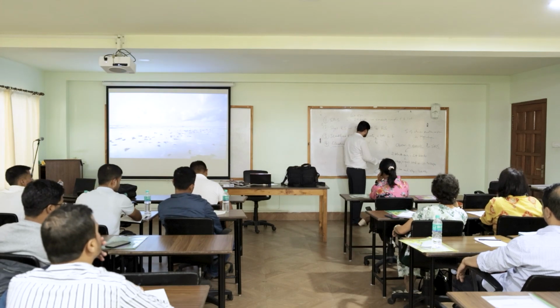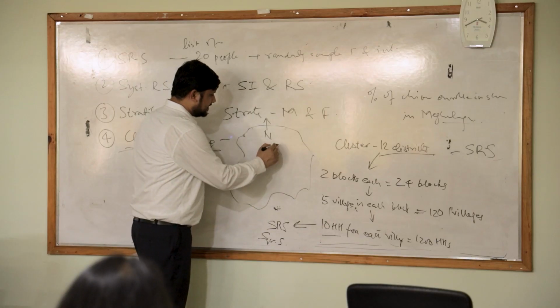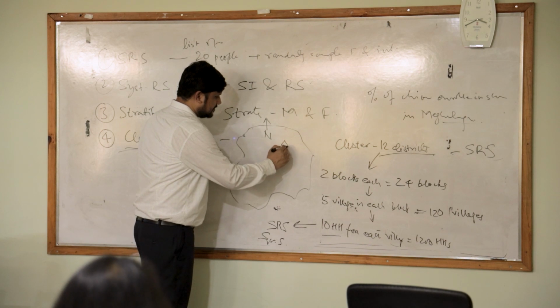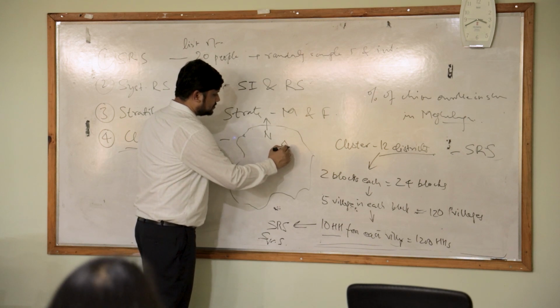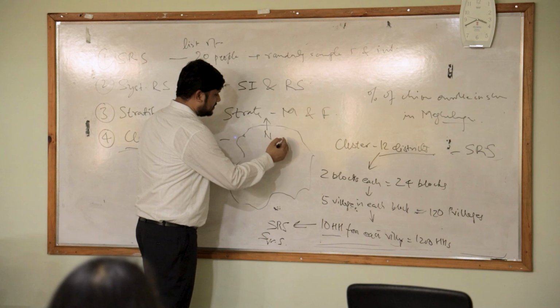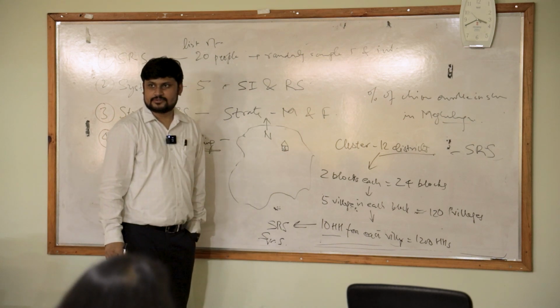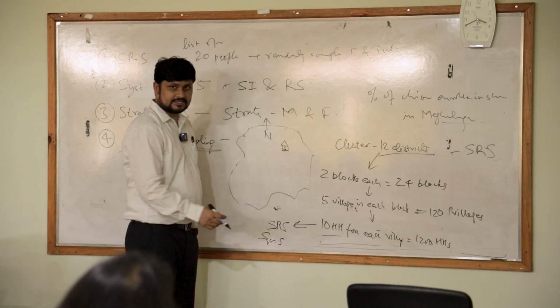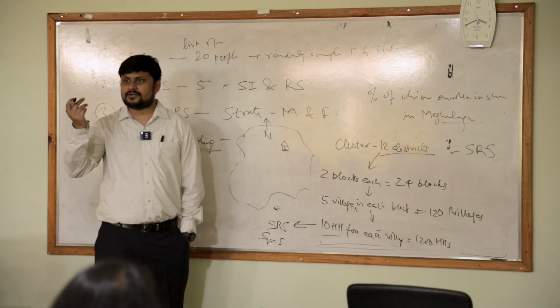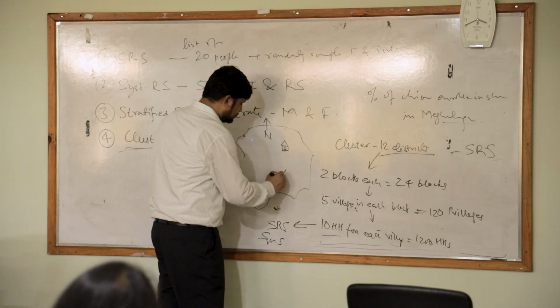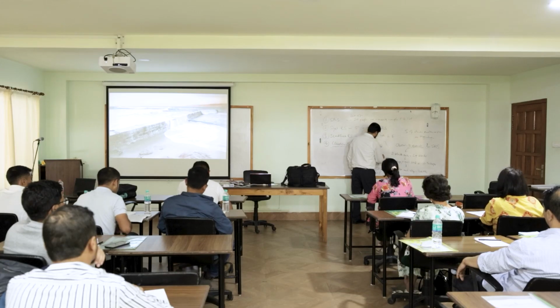Then he or she would say that yes, we have a school here, and you mention an S for the school. Then you might be told there is a sub center somewhere, so you mark the sub center.